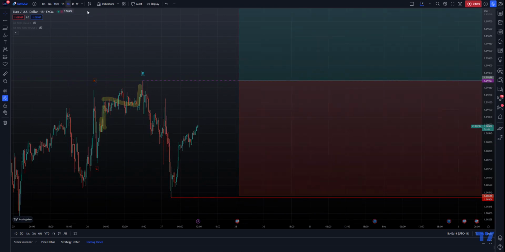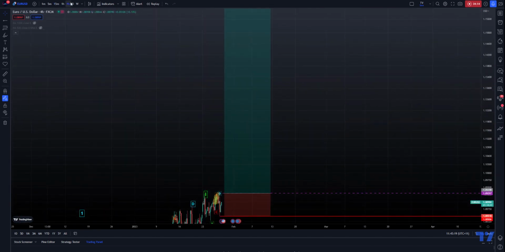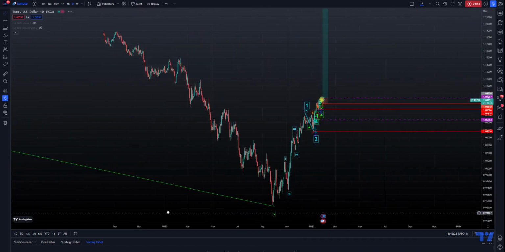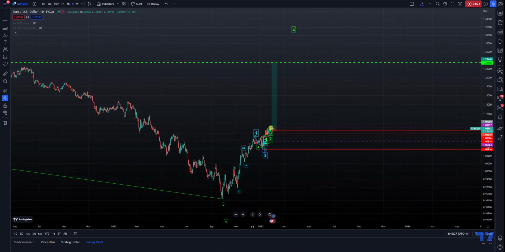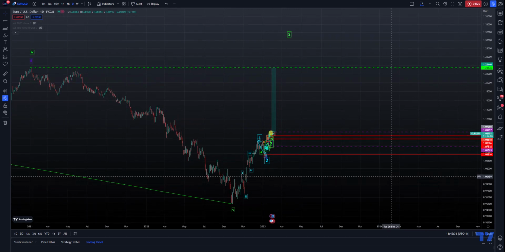So that would be, I'll go to the daily chart for this one. So that target will be at this point in time for wave 3 potentially, 1.23436.